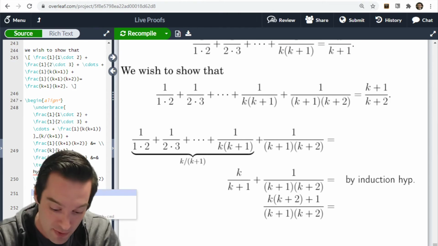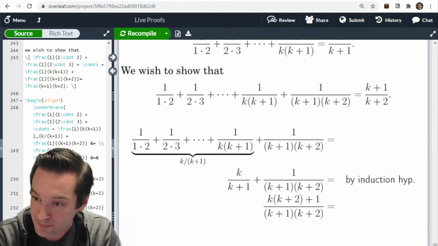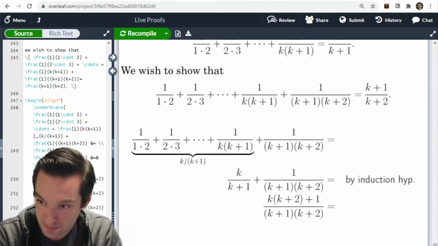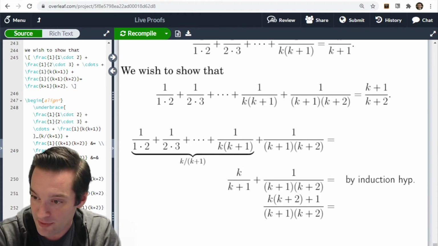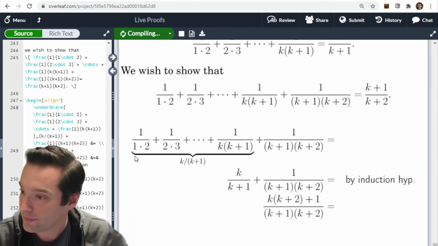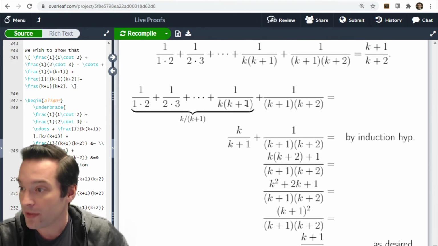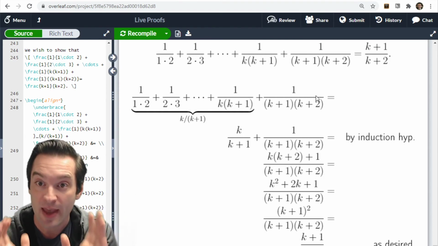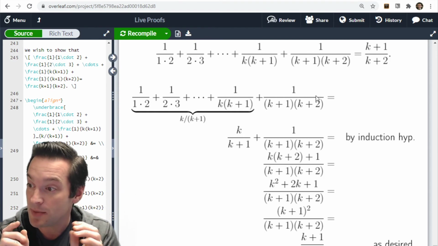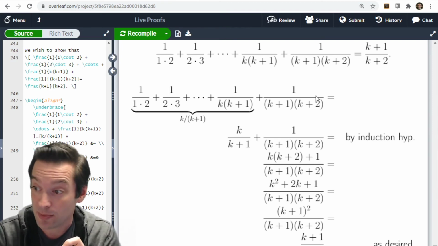So we cancel one of those k plus 1 factors out of the numerator and the denominator, and we're left with k plus 1 over k plus 2, as desired. This is what it ends up looking like. We have this whole big thing on the left-hand side, and then we take the first k of those terms and replace them using the induction hypothesis by k over k plus 1.